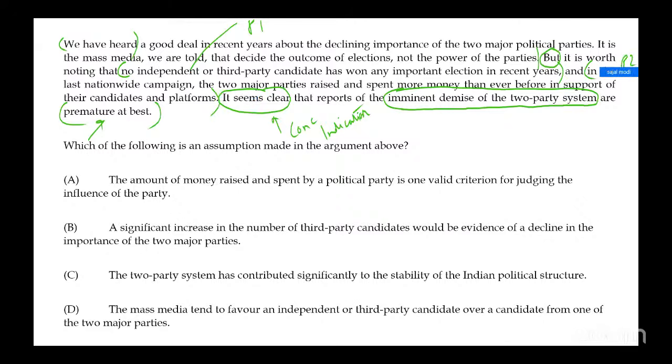This is given as premise two. So one, no third party candidate or independent candidate has won any important election. Two, the two major parties still spend more money than ever before. So they are getting the most funding, these two parties, in support of their candidates and platforms.